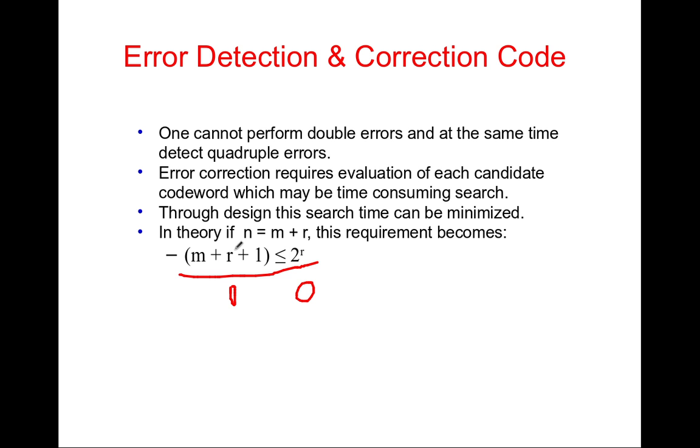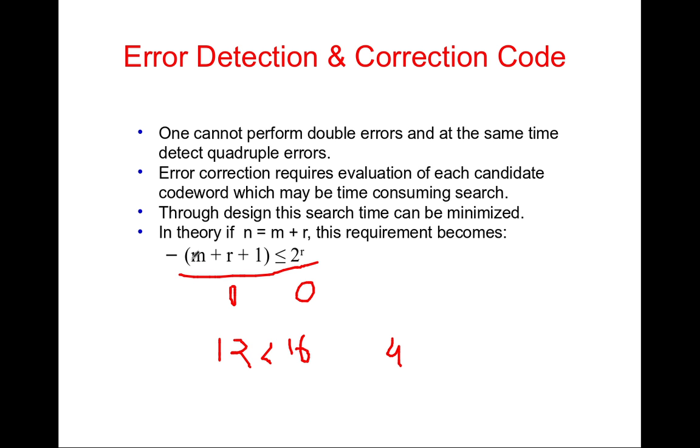m is 7, 7 plus 4 is 11, plus 1 is 12, and this is 2 raised to 4. 2 raised to 4 is 16. So 12 is less than 16, and that's how this relation is satisfied, and that's why r can be taken to be 4.